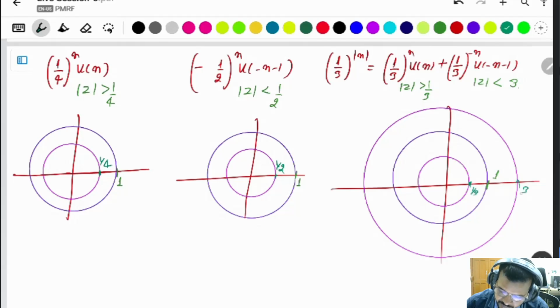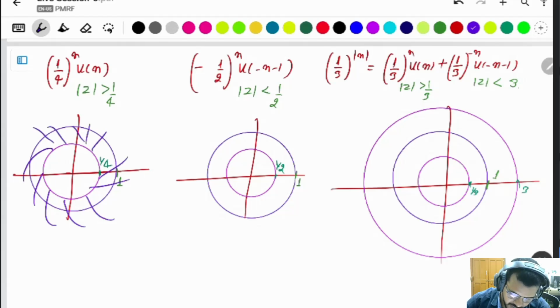This will be 3. In this case, the ROC should be greater than 1/4. It means it looks like that. This is the ROC in this case. In the next case, the ROC is less than 1/2, which means inside the circle.